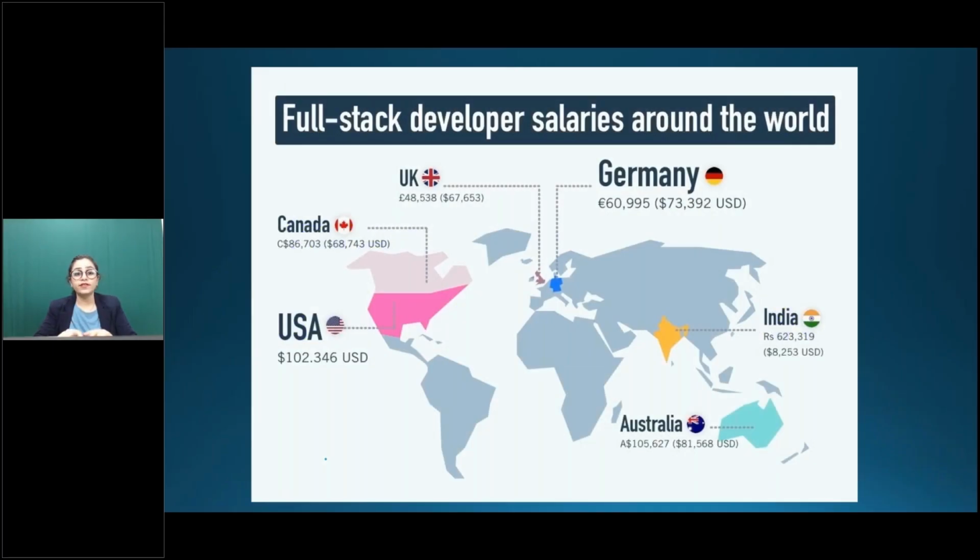Okay, now just see here, there is one chart which I have provided to you: full stack developer salaries around the world. You can see the salary of a full stack developer in the UK, Germany, India, Australia, USA and Canada.